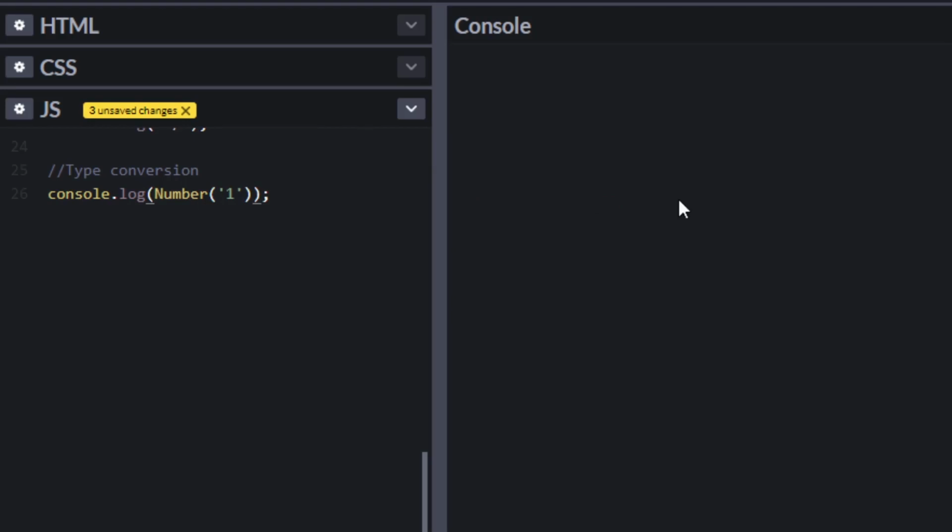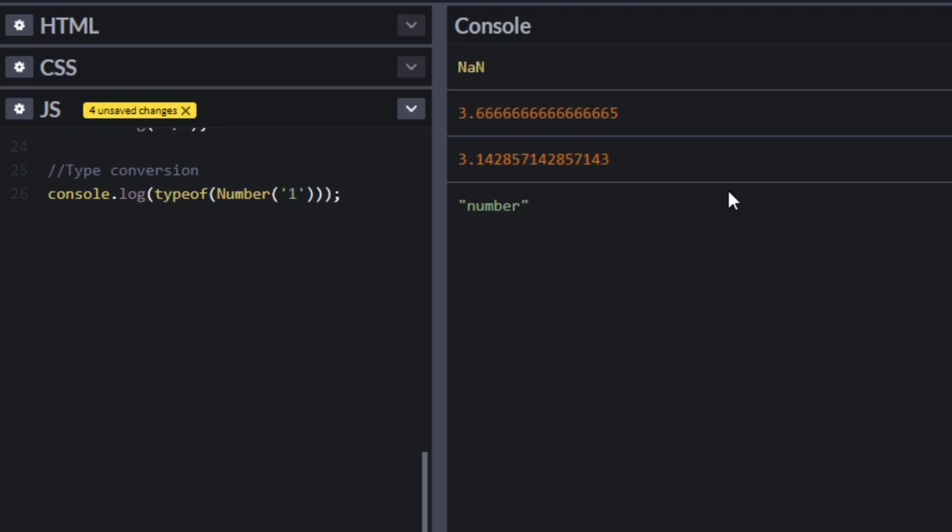And let me check the typeof after I explicitly convert a string using Number. As you can see, the type of this string now becomes number because I explicitly converted it using Number.